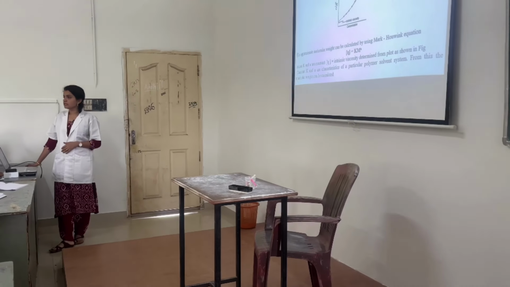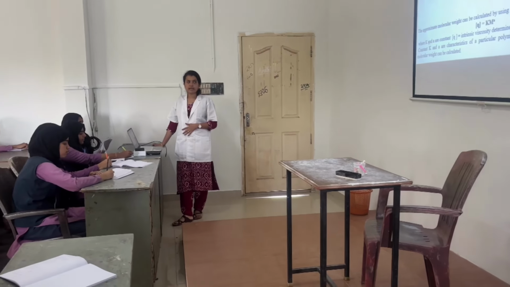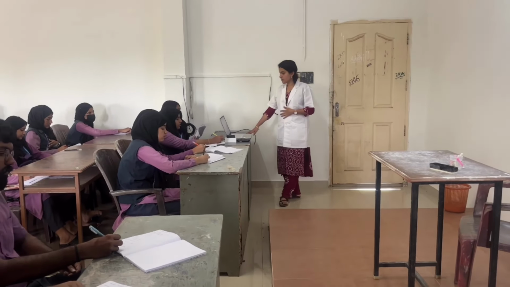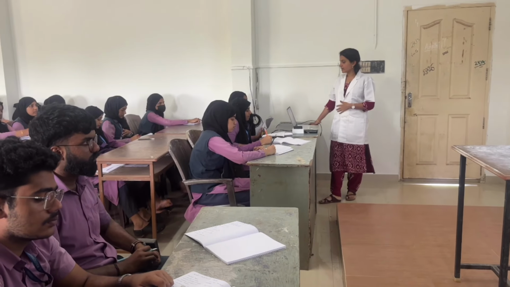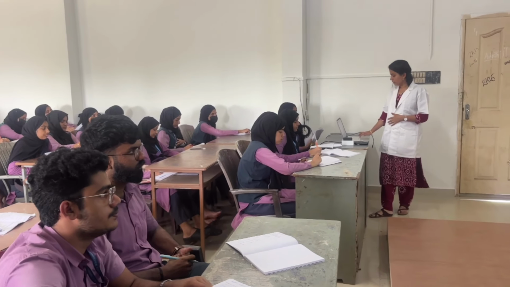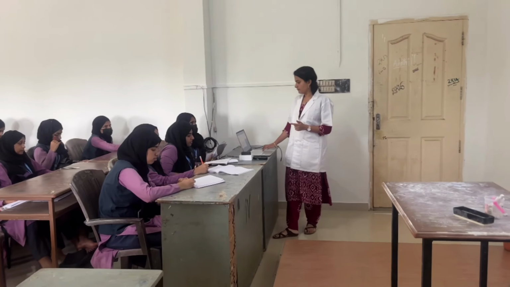What is the equation? Eta is equal to K M raised to a, where K and a are constants. Eta is the intrinsic viscosity determined from the plot, and constants K and a are characteristics of a particular polymer solvent system. Now, from this, we can determine the molecular weight of the colloid.